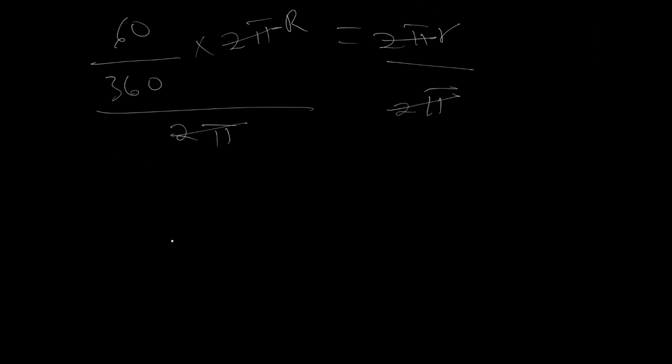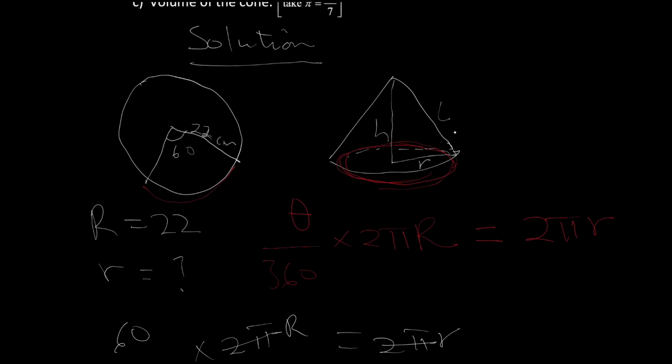So now we have 60 divided by 360 times R should be equal to r. And from this, we know that our big R is 22 centimeters.